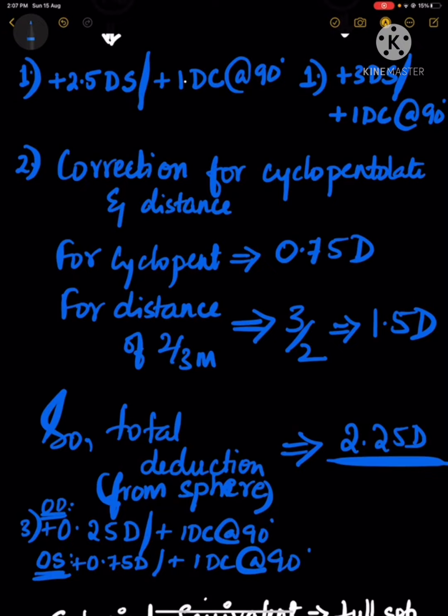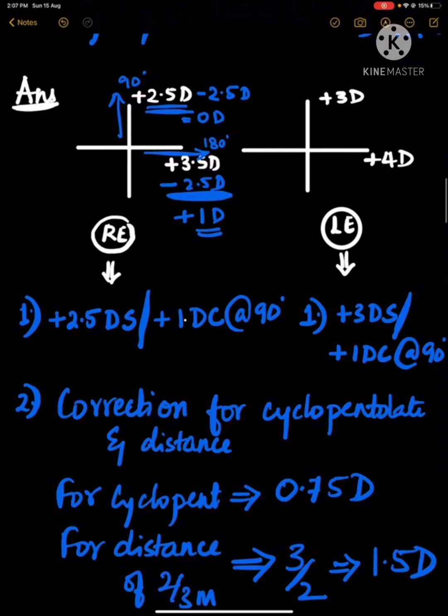That is why don't try to deduct all this from the refraction cross. If you try to deduct all of that from the refraction cross, you're going to create a lot of confusion. So that is why convert the cross to a prescription. Then do the correction for distance and cycloplegia.